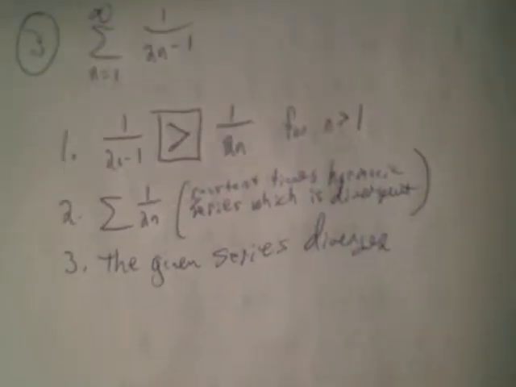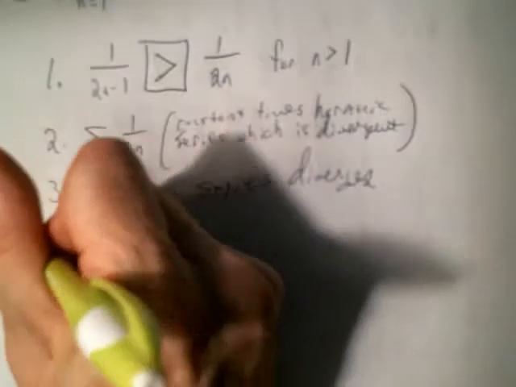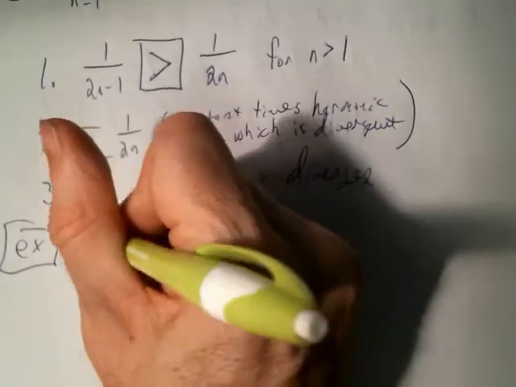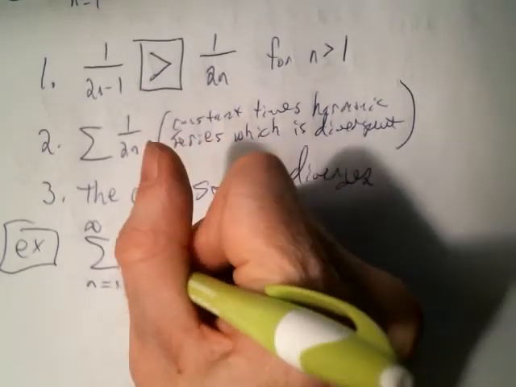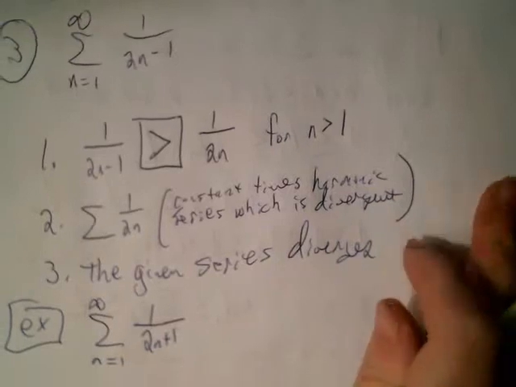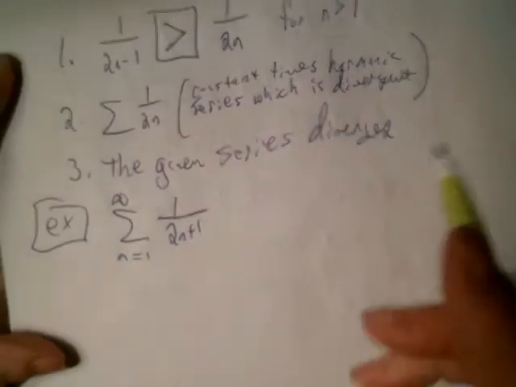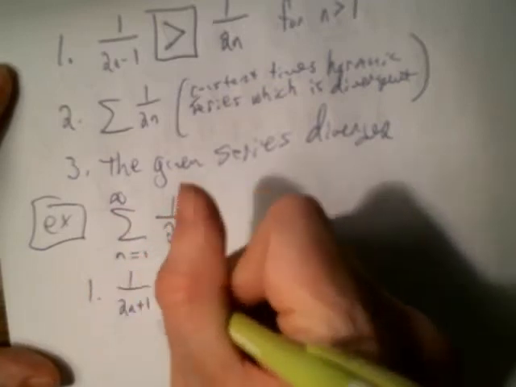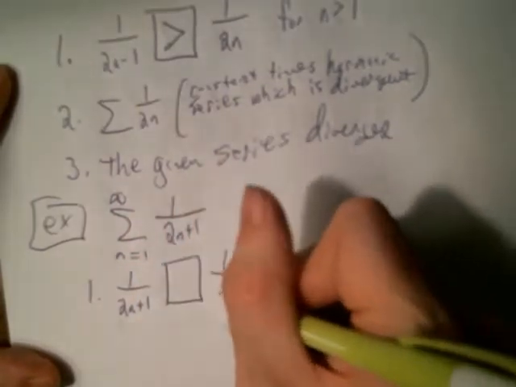Okay? Okay, so compare that example to this example, which seems like the same deal, right? N equals 1 to infinity of 1 all over 2n plus 1. Instead of minus 1, I just went plus 1. And you'd think you could do the same thing, right? So first, you compare 2n plus 1 to 1 all over 2n.